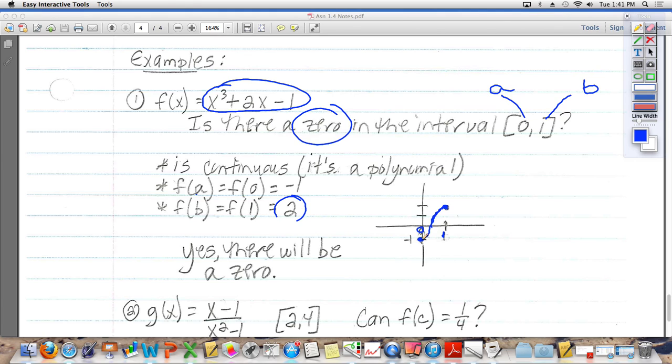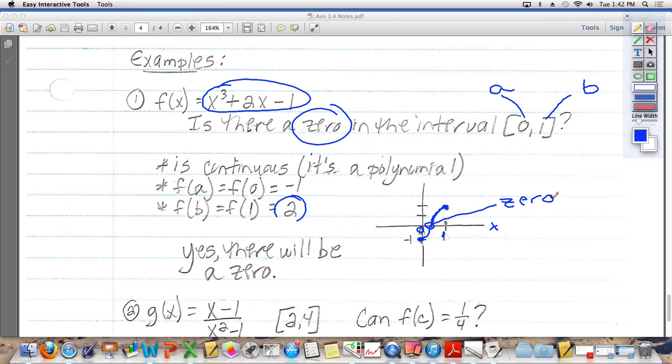So the question, remember the question is, is there a 0 in the interval? How do you know there's a 0 in the interval? Because it crossed the x-axis. It crossed right over the x-axis. This point right here, that is our 0. How did I know there had to be a 0? Well, our first y value was a -1.